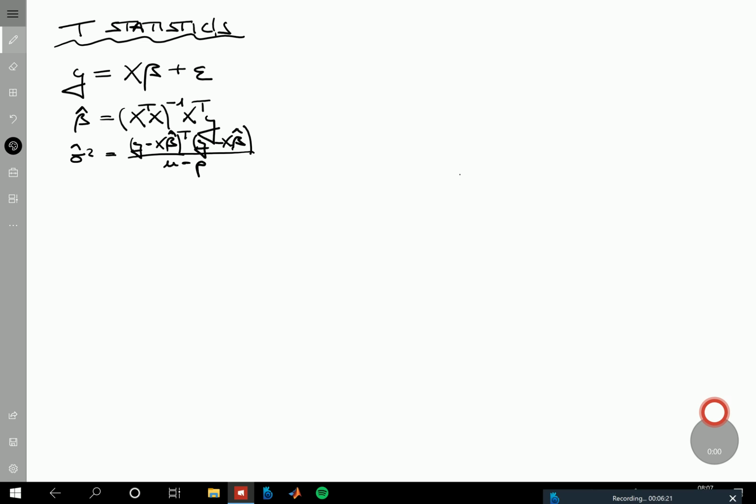So remember that epsilon is distributed according to a multivariate normal distribution with the true but unknown variance parameter sigma square. And we've now derived our estimates for the parameters. For the subtleties, please refer to statistics for data science.